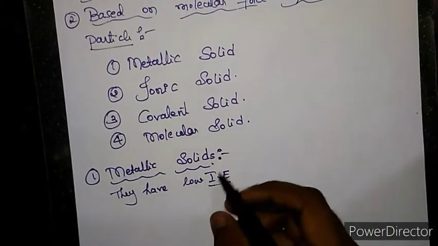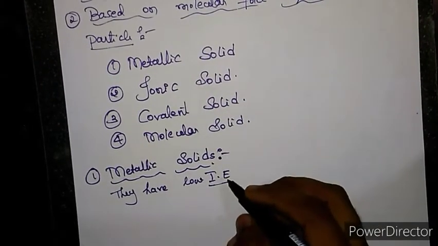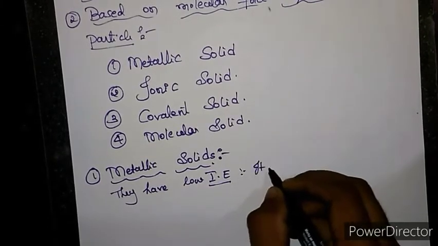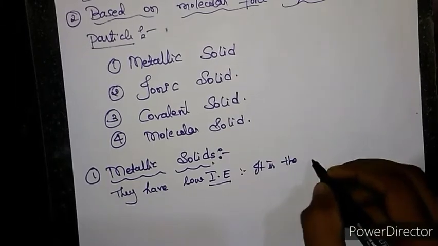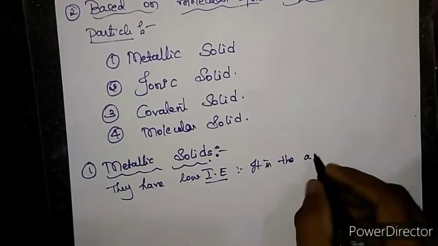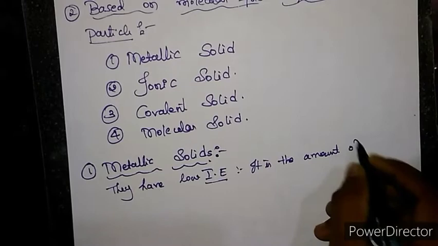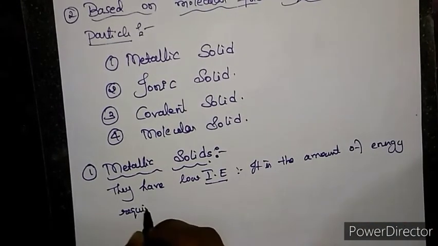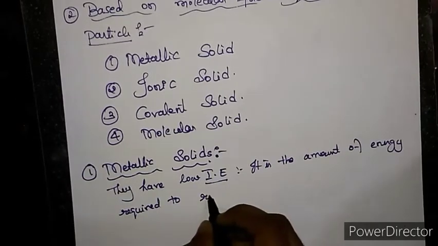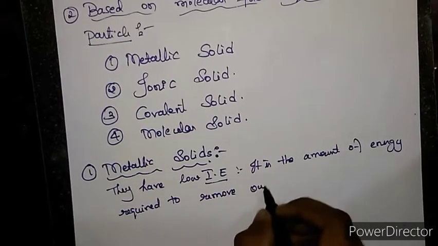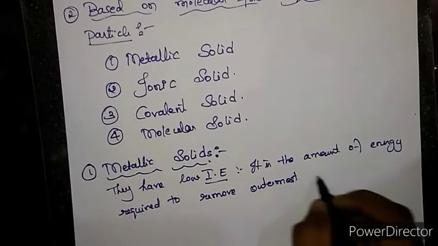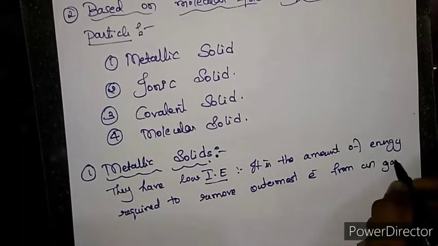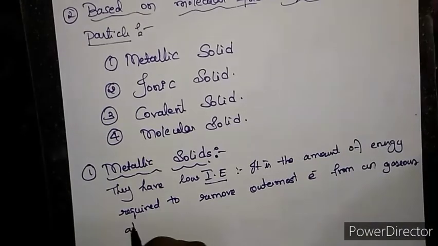Ionization energy is the amount of energy required to remove the outermost electron from an atom, from a gaseous atom.